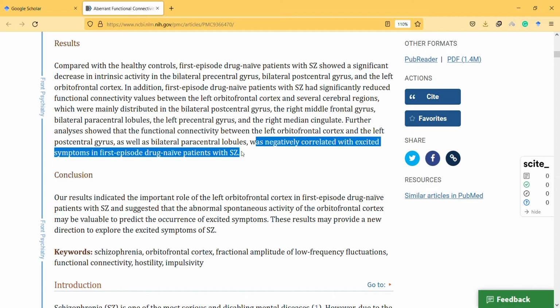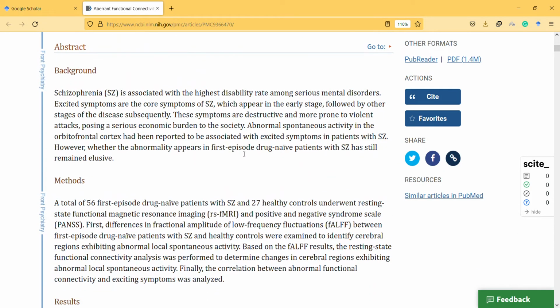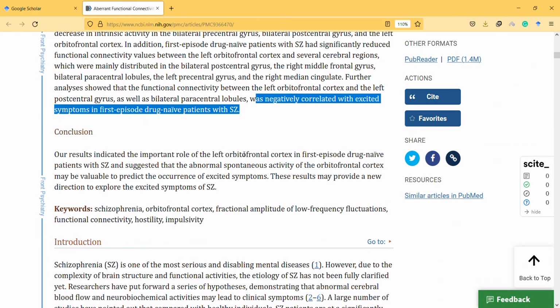And that's why those studies in brain imaging were really criticized.